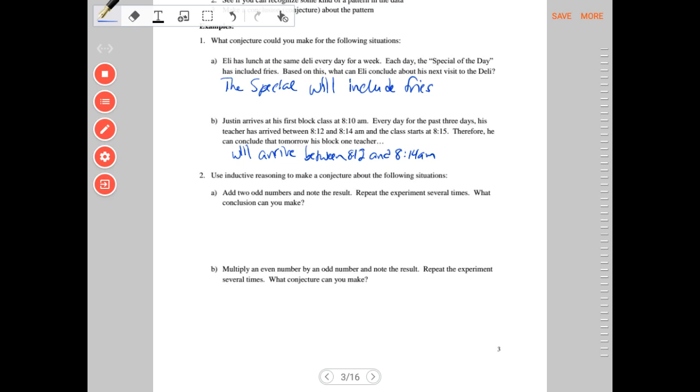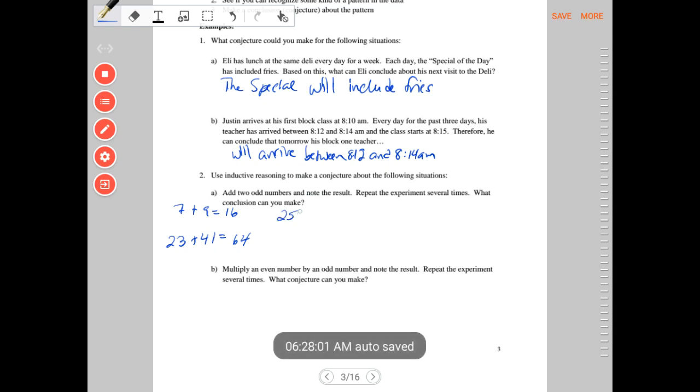Okay, so let's add a couple of odd numbers. Let's go 7 and 9. That makes 16. Okay, let's go 23 and 41. And that would give me 64. Okay, let's add 251 and 749.